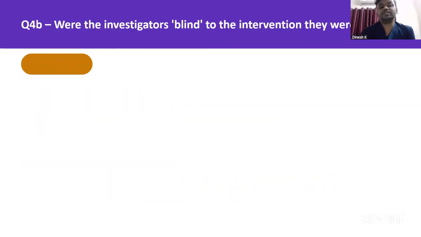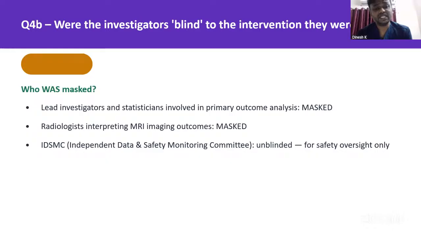And then the second question is whether the investigators were blinded to the interventions. If you see, the lead investigators and the statisticians involved in the primary outcome were masked. The radiologists interpreting the MRI imaging were masked, and the independent data and safety monitoring committee were allowed to unblind only for safety reasons.